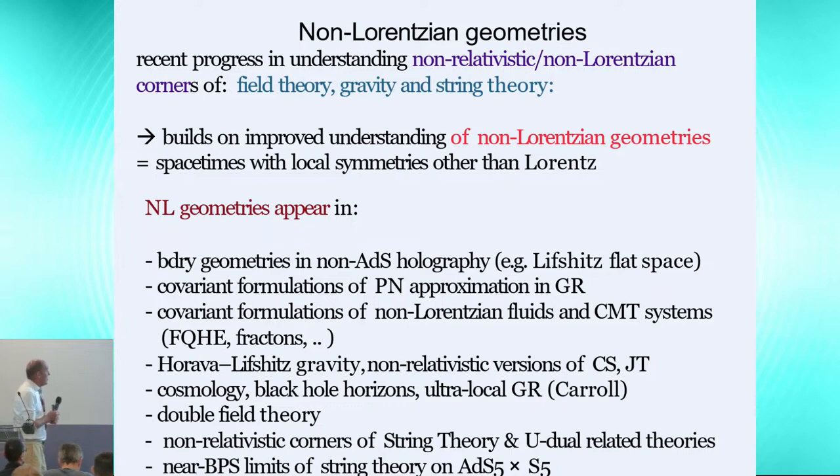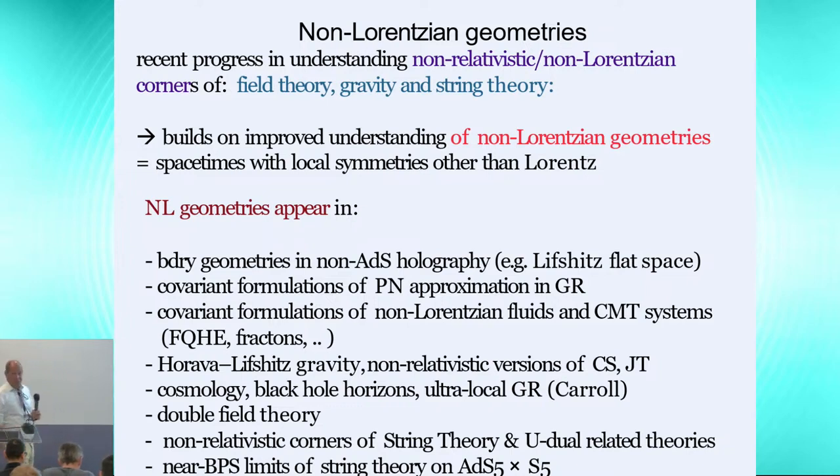It's seen in covariant formulations of post-Newtonian approximations in GR, and covariant formulations of non-Lorentzian fluids. So non-Lorentzian fluids would be, for example, the non-relativistic Navier-Stokes, but now put on a curved background, and other condensed matter systems. Also Horava-Lifshitz gravity, and non-relativistic versions of various 3- and 2-dimensional theories, Chern-Simons and JT gravity.